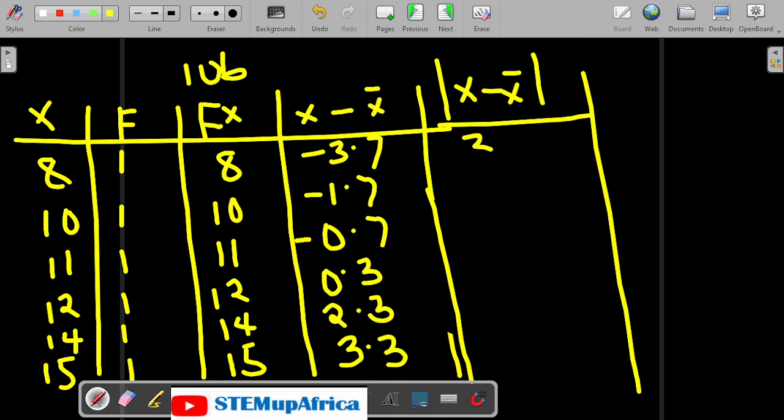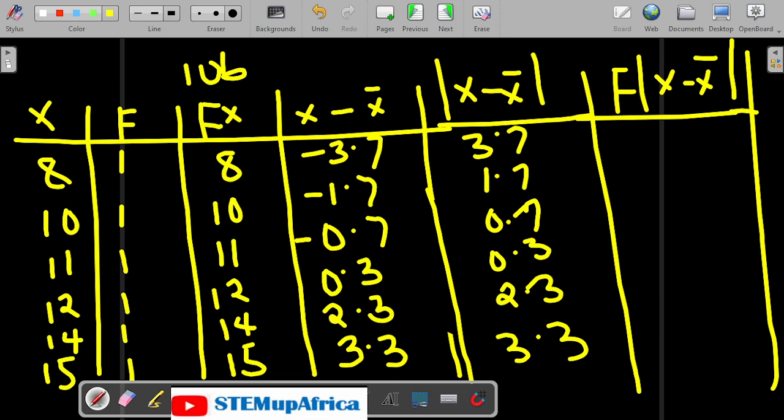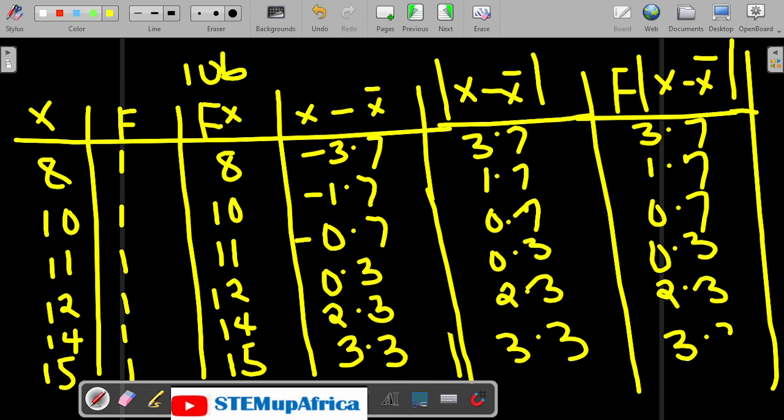So here we now have 3.7, 1.7, 0.7, 0.3, 2.3, and 3.3. So I'm having f times the absolute value of x minus x bar. All the frequencies are 1, so here remain 3.7, 1.7, 0.7, 0.3, 2.3, 3.3.